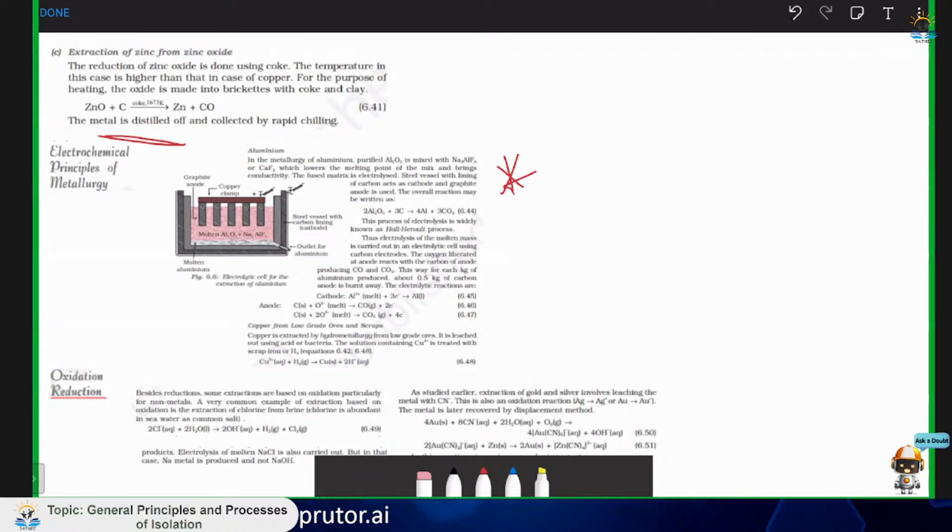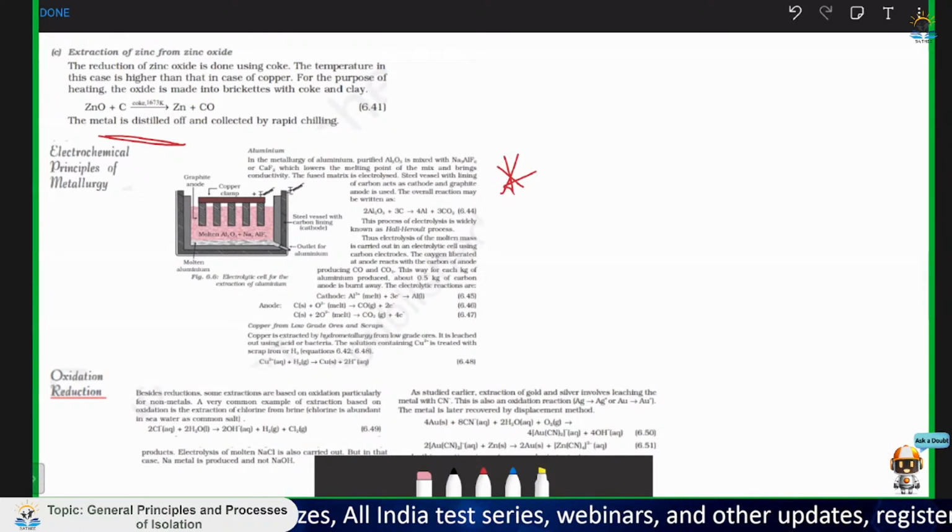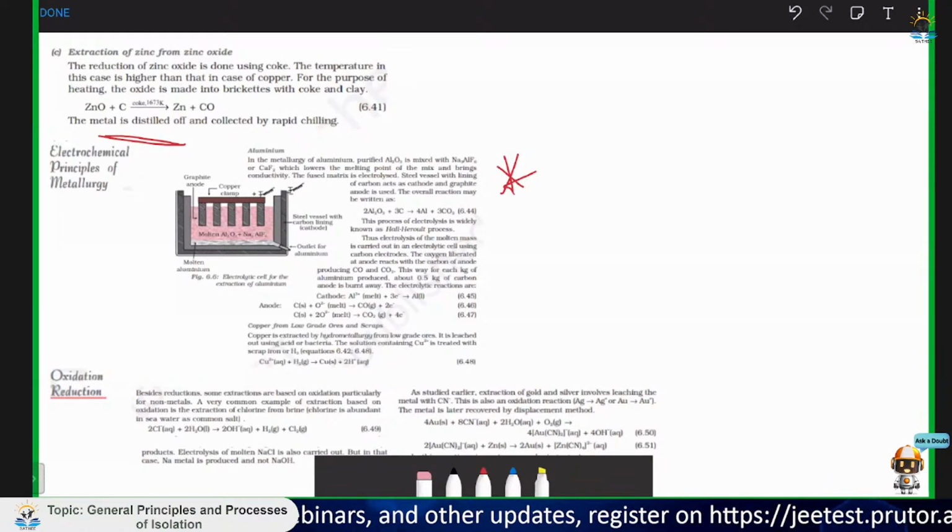Carbon is called coke, if you don't know. But why did low-grade copper come up? It's a method of recycling, where you have some content of copper, not rich in copper but rich in waste. Copper is like an impurity, but it doesn't make sense. In scrap you have a lot of useless metal, but copper is also a considerable amount. So in the method of recycling you're going to extract the copper in this way.